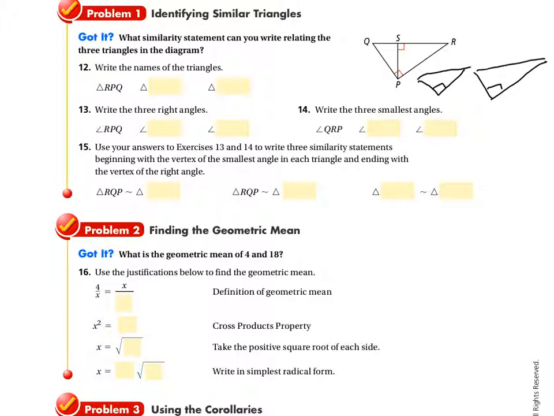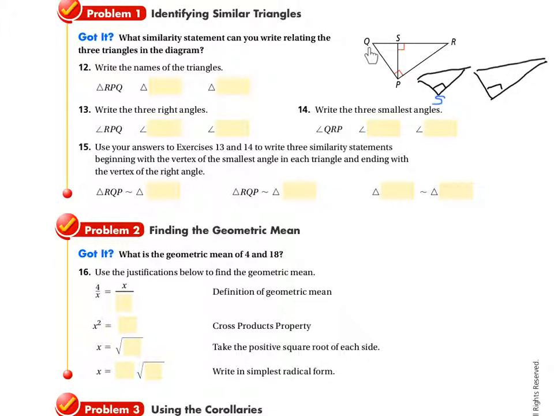Now, if this is a right angle here, then these are going to be my right angles there. And on the smaller triangle, which is this one right here, isn't S the right angle? Agreed? So I'm going to take S and put it here for the smaller triangle. Then notice that the big triangle and the small triangle, don't they overlap at Q? So wouldn't you agree that they have Q in common? And that Q should be corresponding angles in those two triangles.